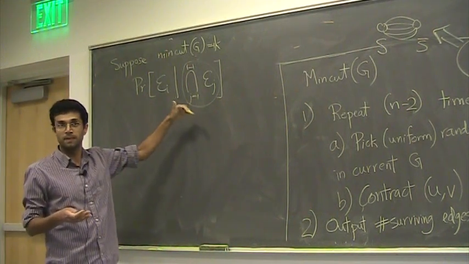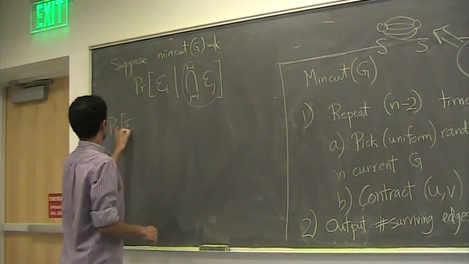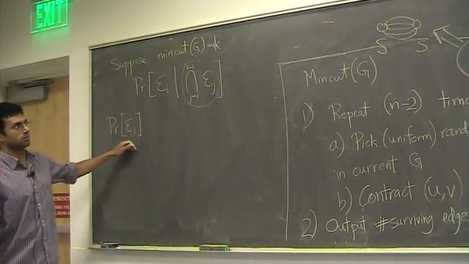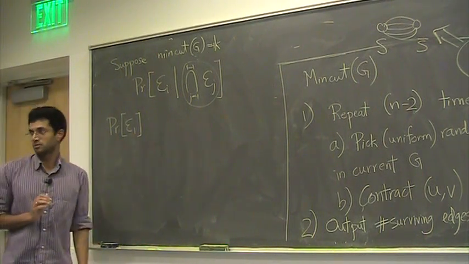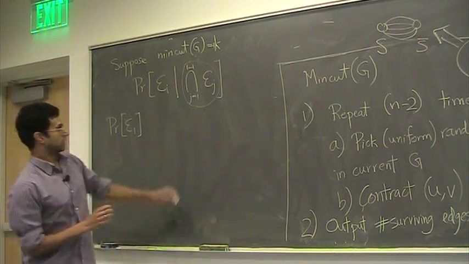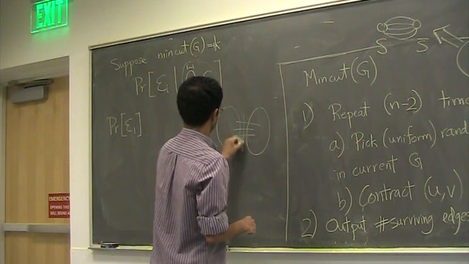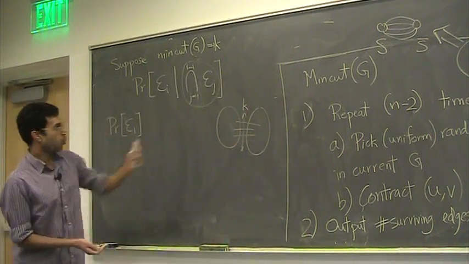Okay? All right, so let's try to bound this. What is the probability in the very first step of avoiding the mincut? Let me remind you, here's the mincut. How many edges are there? There are k. You're picking one at random.